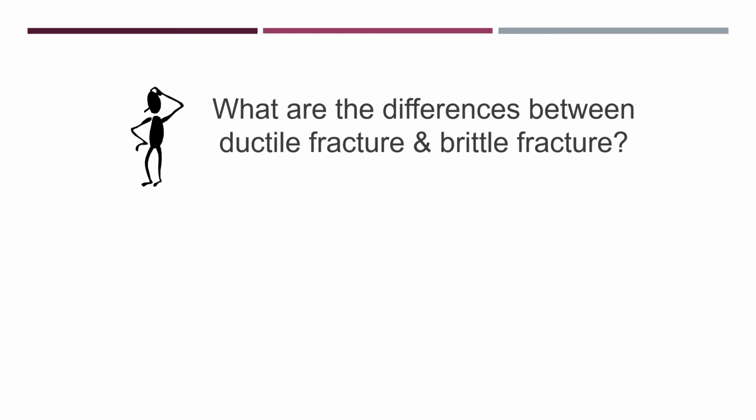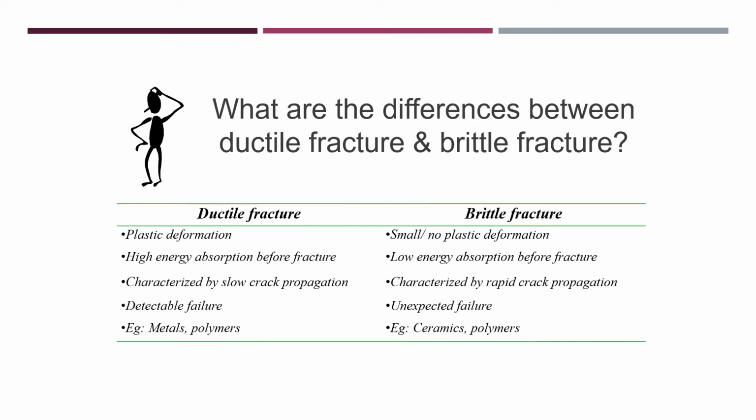Another popular question is, what is the difference between ductile fracture and brittle fracture? So we all know that in ductile fracture, plastic deformation occurs, and in brittle fracture, small or no plastic deformation occurs. In ductile fracture, there is high energy absorption before fracture, and in brittle fracture, low energy absorption before fracture.